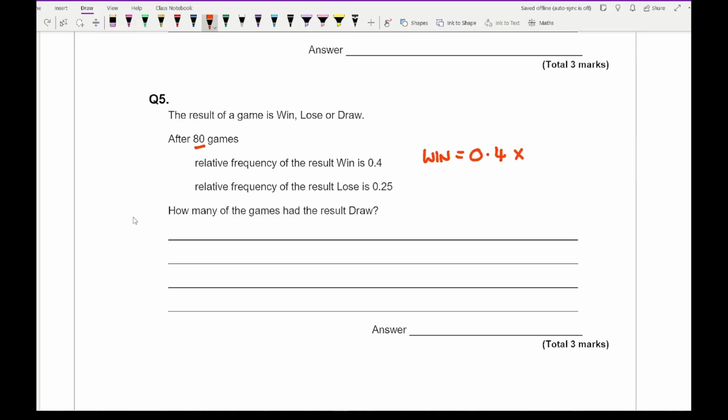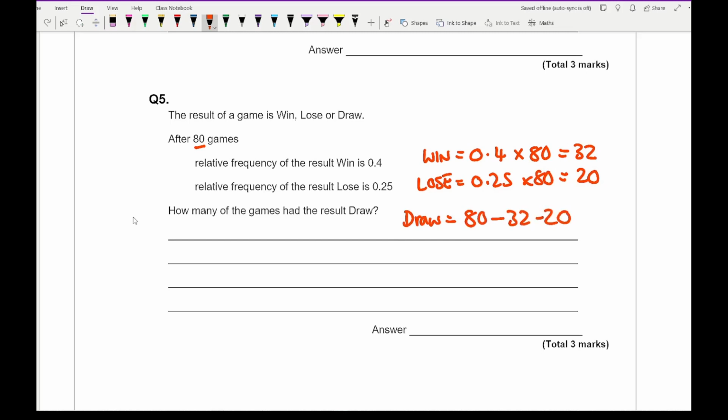So I'd multiply that by 80 and I get 32. For the loss, it's going to be 0.25 times 80, which is 20. So in terms of drawing, all I need to do is 80, take away 32, take away 20, which gives me an answer of 28.